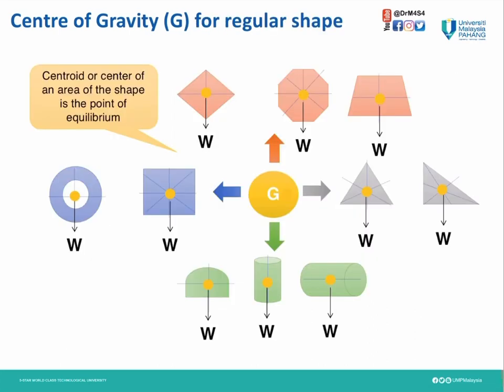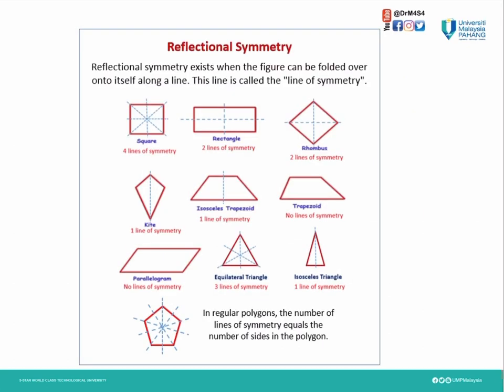Here is the center of gravity for regular shapes. For any shape in here, at the middle of that shape lies the center of gravity. The line here is a symmetry line. The intersection is the center of gravity. Here is another example about what symmetry is.